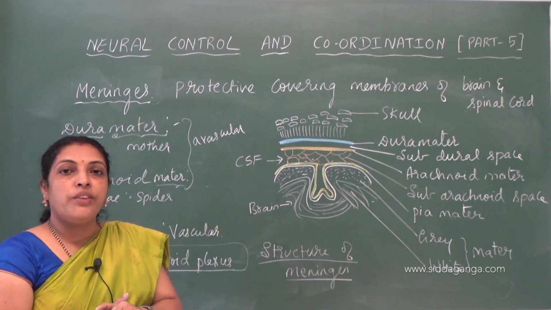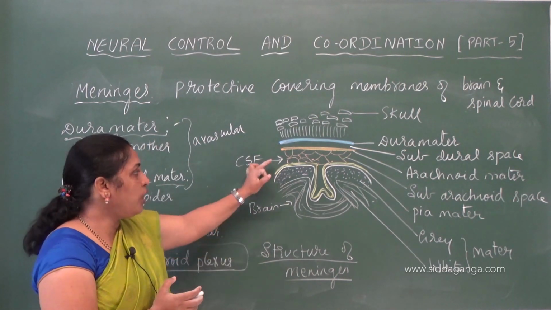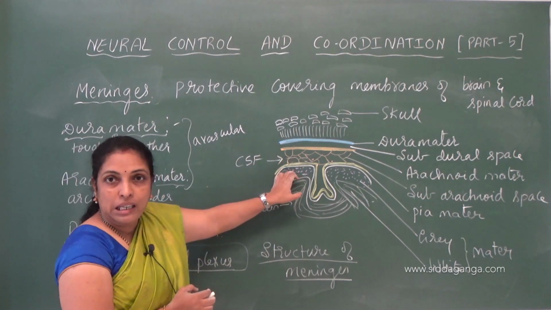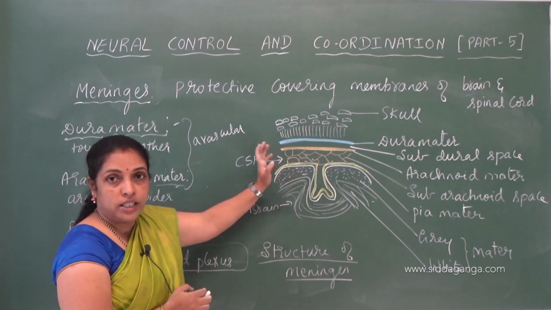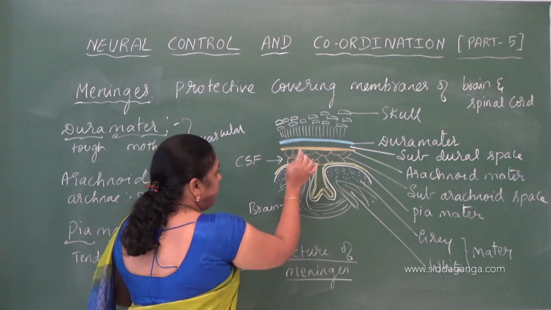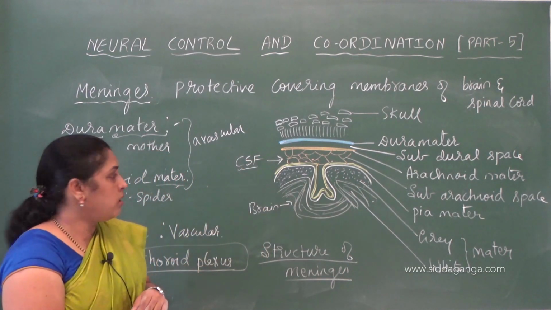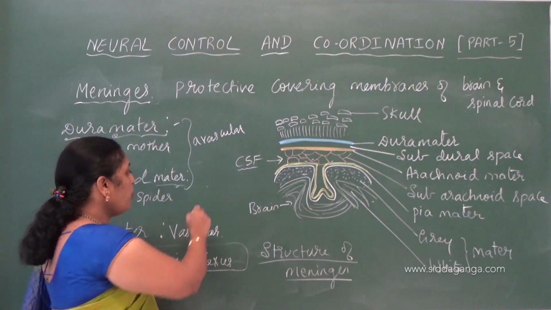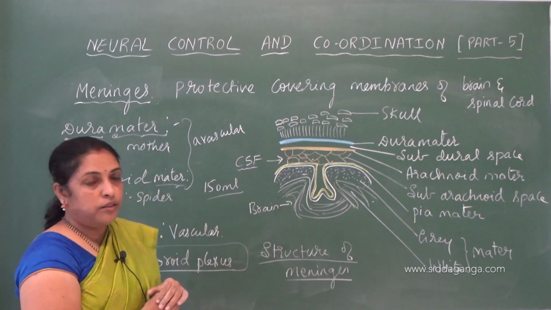It prevents the friction of brain and spinal cord against the bones, and also it provides a medium for the exchange of food materials, respiratory gases and excretory products, all exchanged between the blood vessels and nervous tissue through this cerebrospinal fluid. Nearly 150 ml of fluid is present in both male and female.